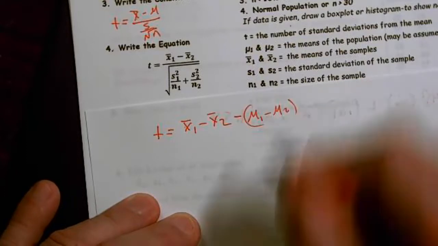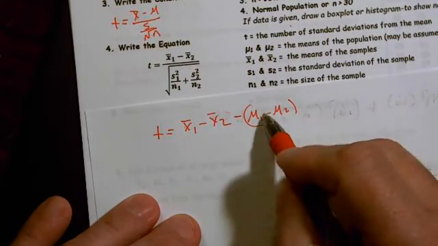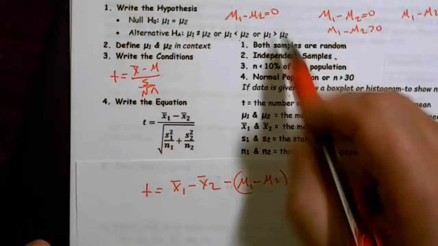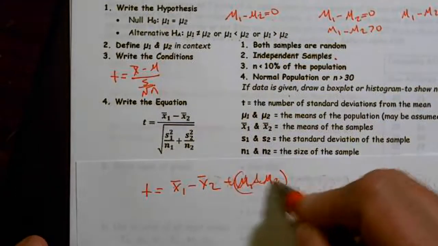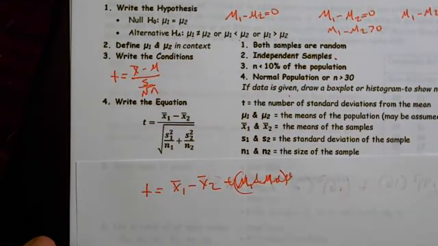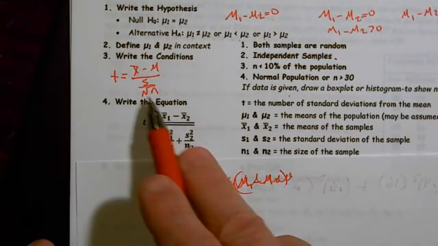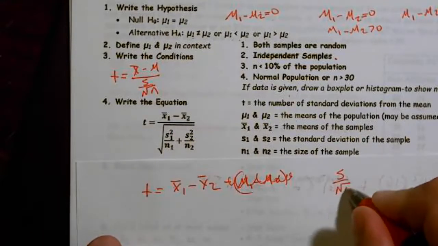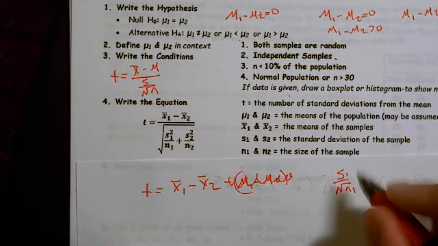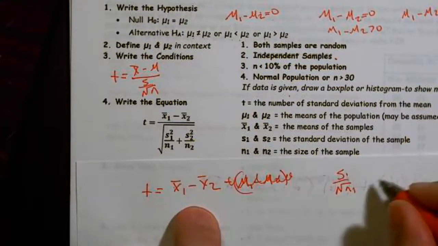But what was our null hypothesis? Our null hypothesis is that this equals 0. So since it equals 0, we don't bother writing it down. Now here we have s divided by the square root of n. Well, we have that for 1, and then we also have it for the other.